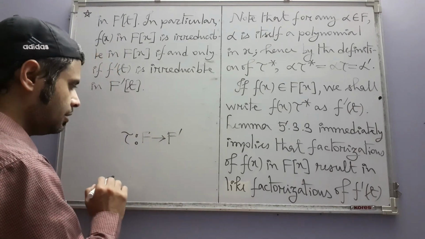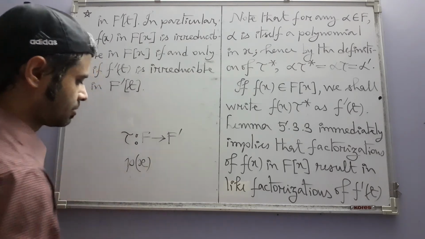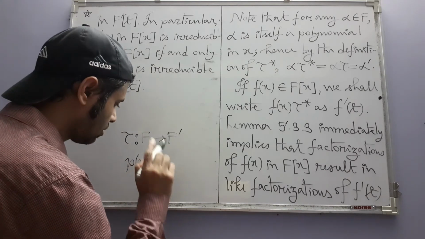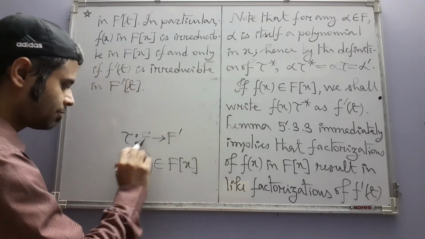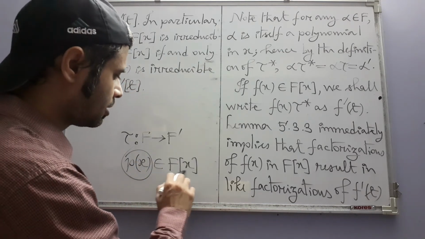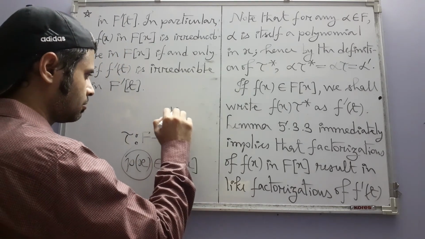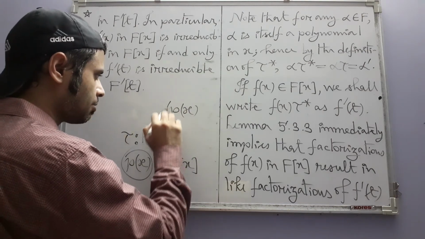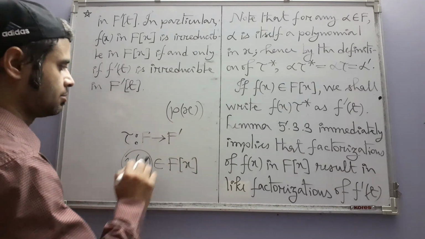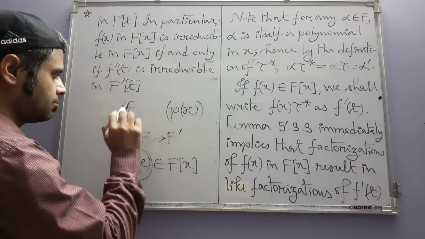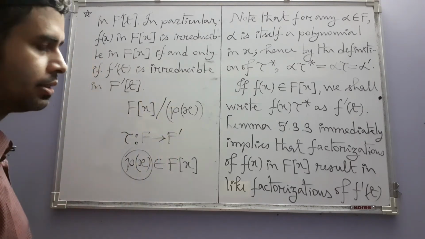You see, what we did is this. Recall what we did previously: F is a field, say p of x is an irreducible polynomial in F[x]. Then we consider the principal ideal in F[x] generated by p of x, and we consider the quotient ring of this polynomial ring by that ideal.